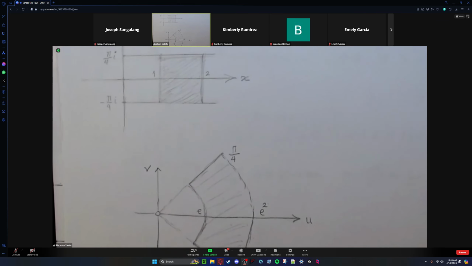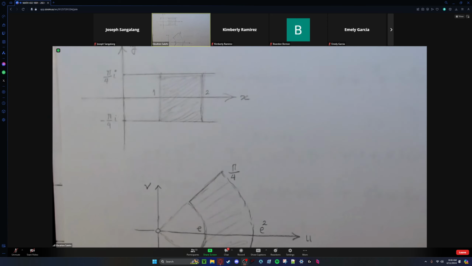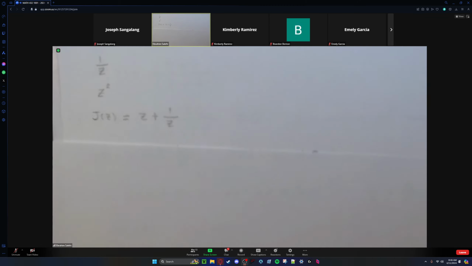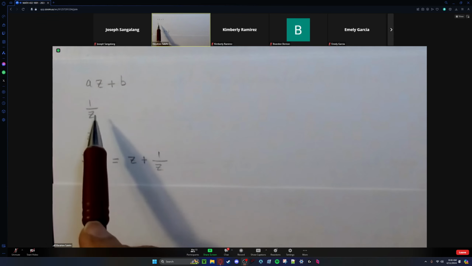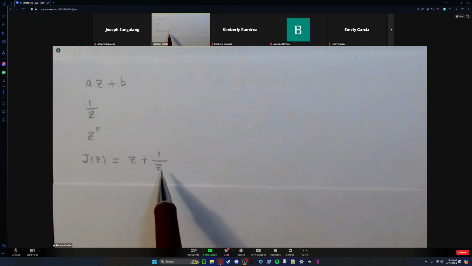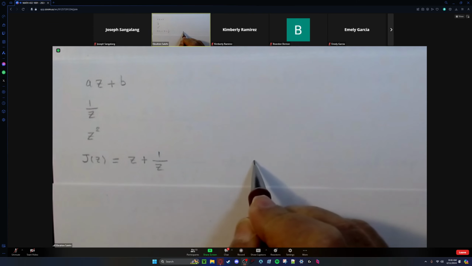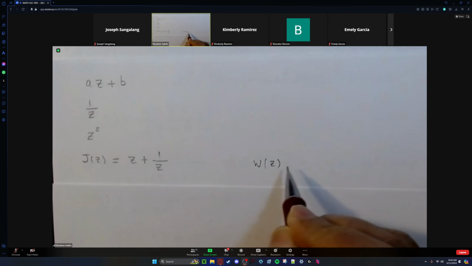All right, no question. Then we go back to another function today. To this list, linear function, reciprocal, z squared, Joukowsky, and I will add w equals e to the z.